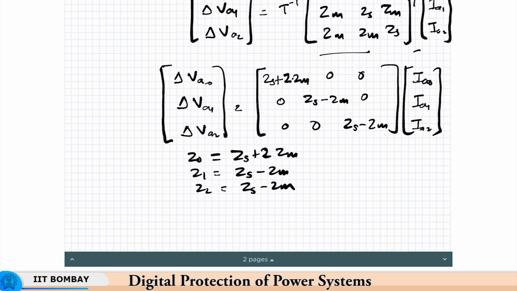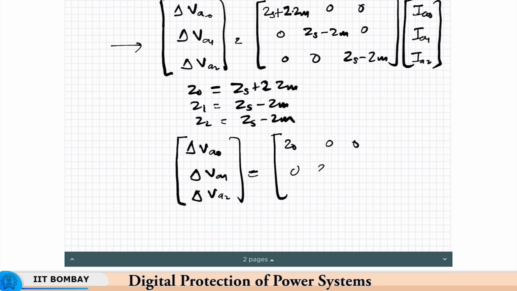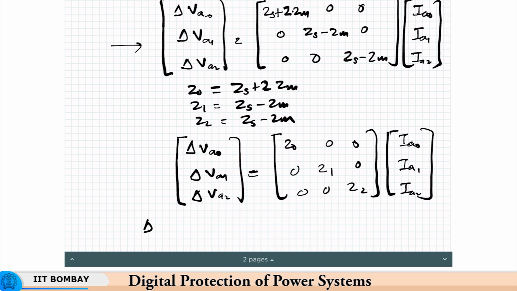Okay, so we can rewrite this equation. If you notice here, delta VA0 is equal to Z0 IA0, delta VA1 is equal to Z1 IA1, and delta VA2 is equal to Z2 IA2.